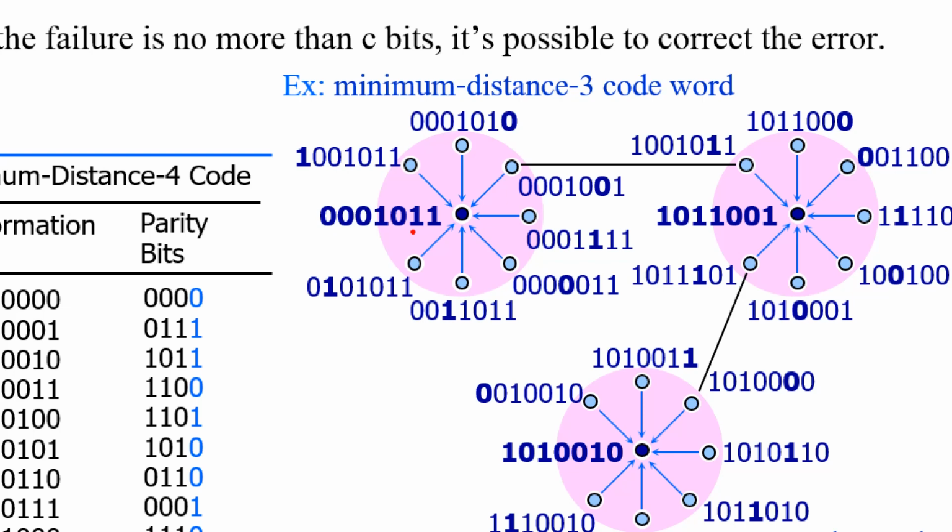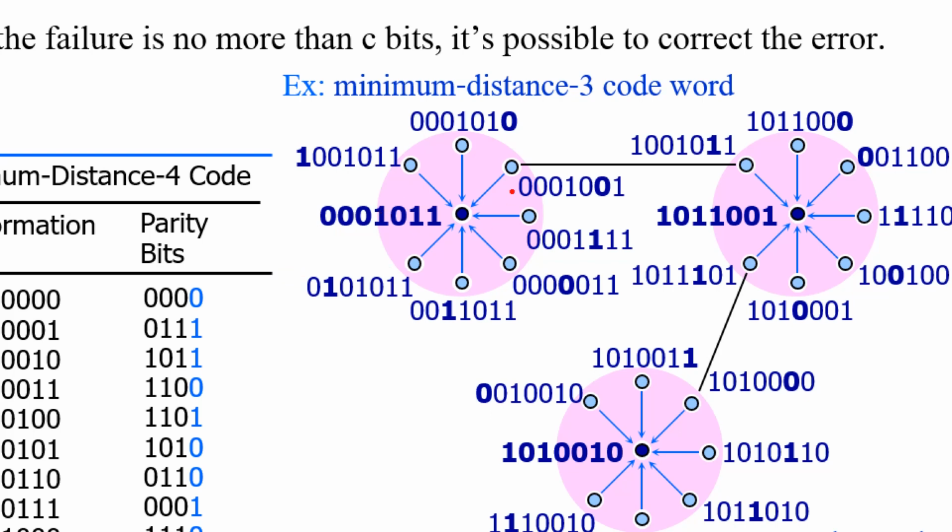For example, if this bit changes and another bit changes, it becomes 1 here and 0 here, so it goes to some code that the system cannot recognize, so it cannot convert back to the correct one.